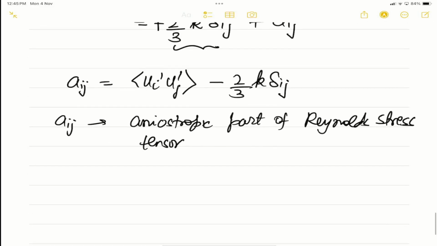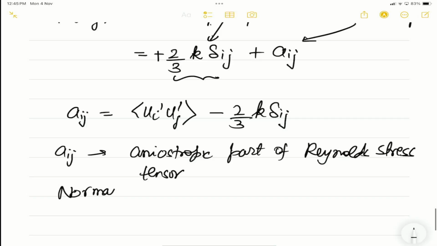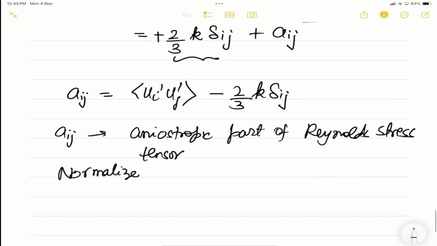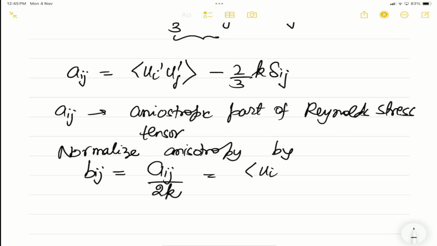And we can normalize the anisotropy by writing Bij is equal to Aij divided by 2k, which means basically we write ui prime uj prime divided by 2k minus delta ij by 3.